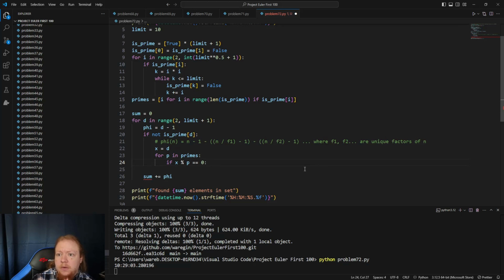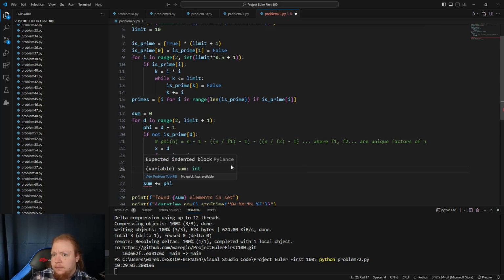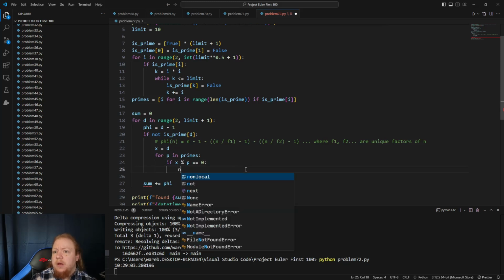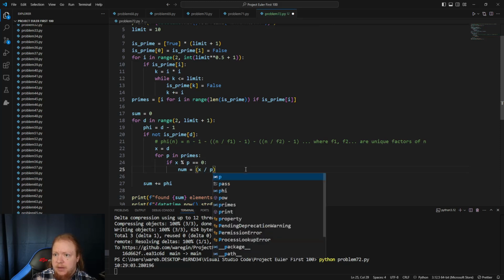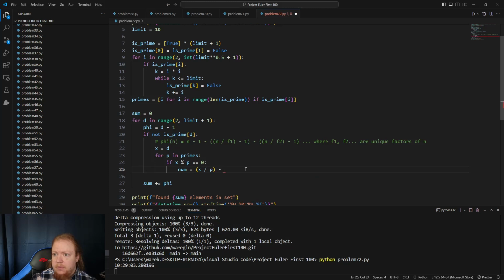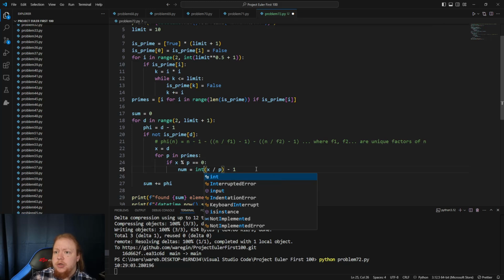If d mod p is 0, then I want to say num is equal to x divided by p minus 1. I'm going to convert that to an integer.